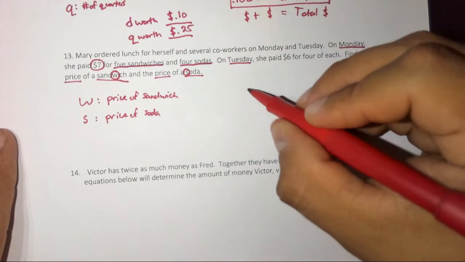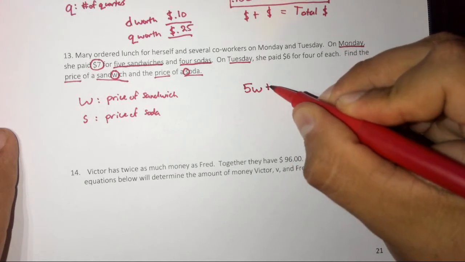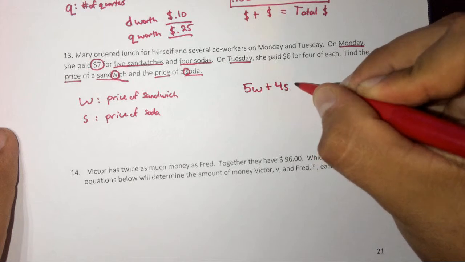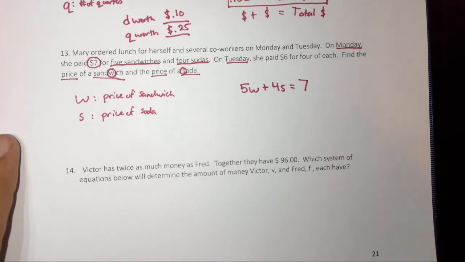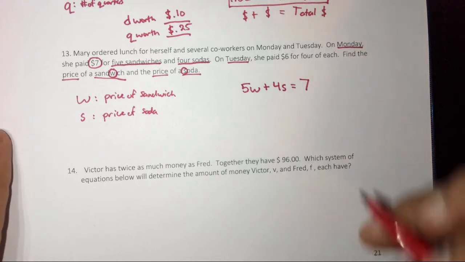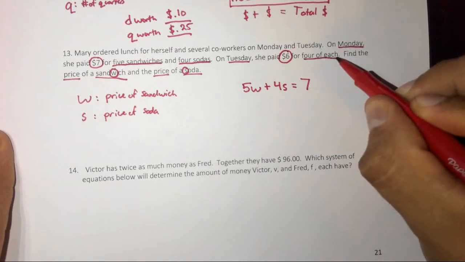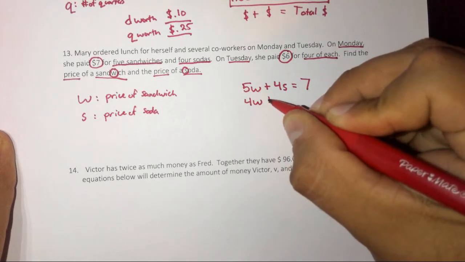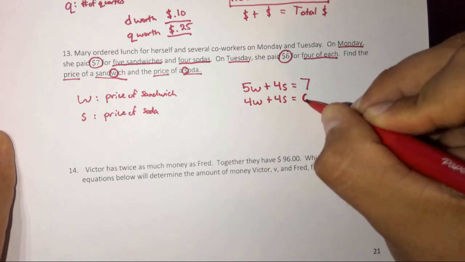So this is going to be 5W plus 4S equals $7. On Tuesday, she pays $6 for 4 of each, so 4 sandwiches and 4 sodas. So that's going to be 4W plus 4S equals $6.